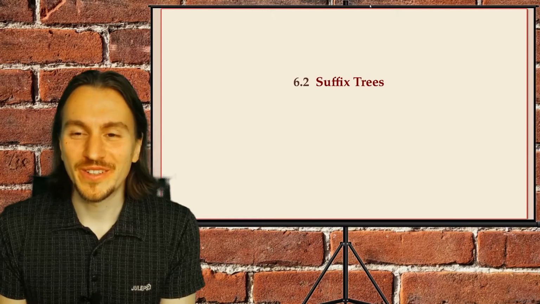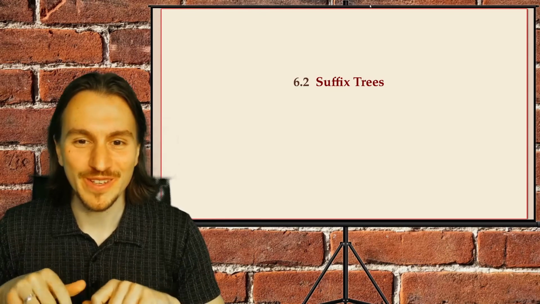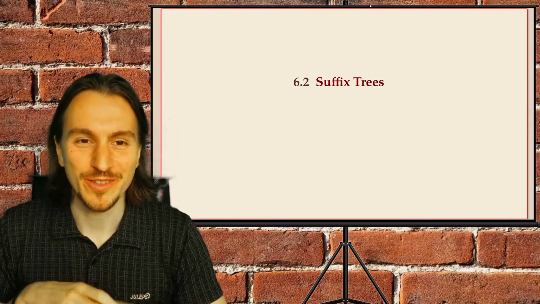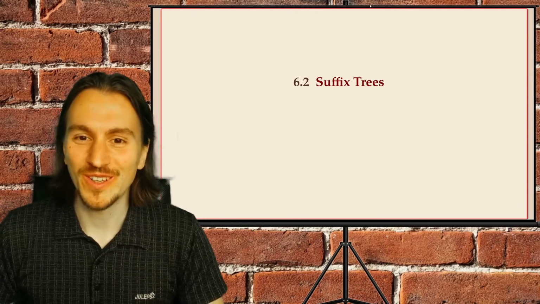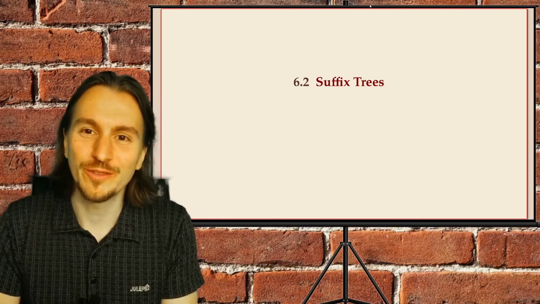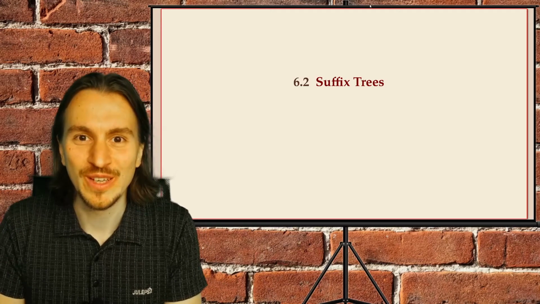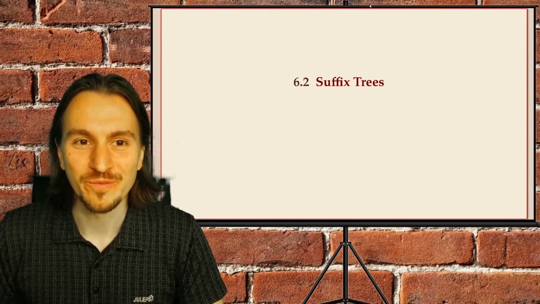In this next subsection, I want to introduce suffix trees. These will be the star data structure of this unit that seem to magically solve a lot of interesting problems. They first solve the text indexing problem, but we'll see they are also applicable to many other problems on strings.